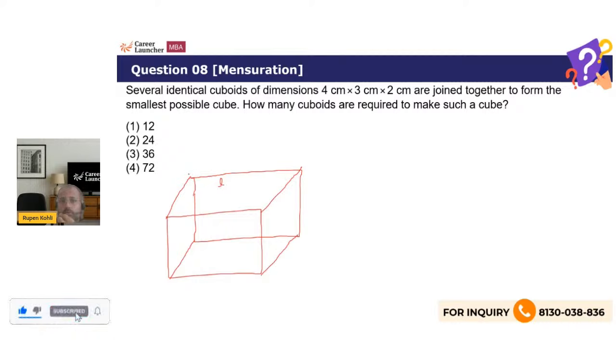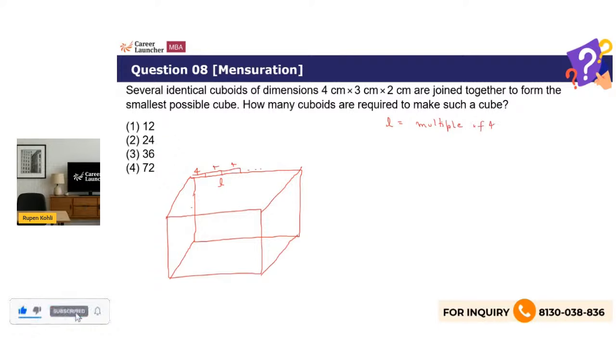So the way you'll stack them, either 4 or 3 or 2 will come here. So maybe you start stacking such that the dimension 4 comes in this direction. So 4 and then 4 and then 4 and then 4. Can I say the length has to be a multiple of 4? If I keep on stacking it like this, it has to be a multiple of 4.